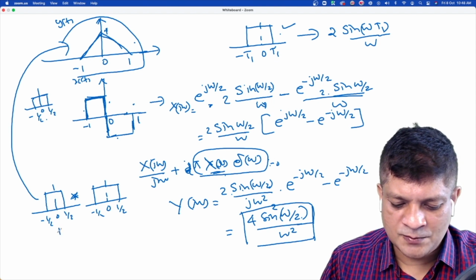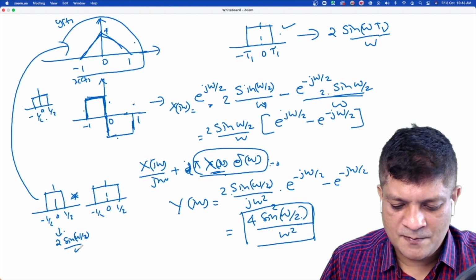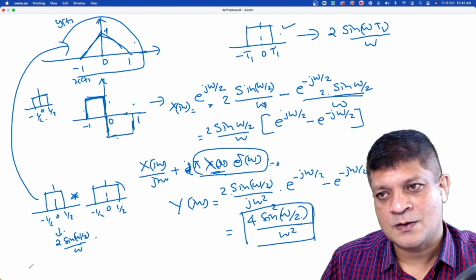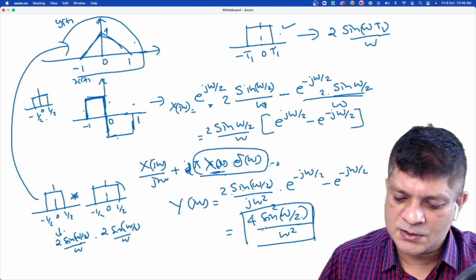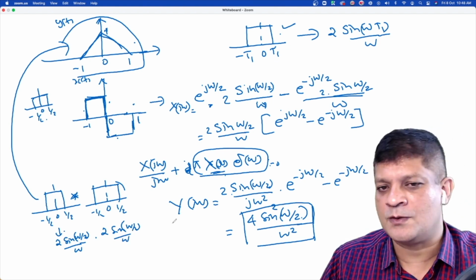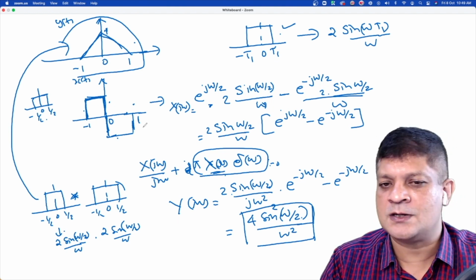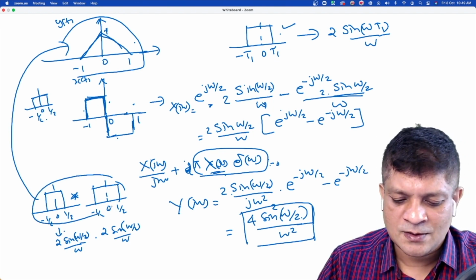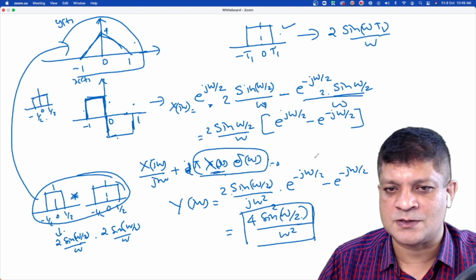What is the Fourier transform of this? 2 sine omega by 2 by omega. And this one? Same, 2 sine omega by 2 by omega. So it is 4 sine square omega by 2 by omega square. You will get the same answer. If you can quickly identify that it is a convolution of two rectangular pulses, then using this is easier than using the integration property.